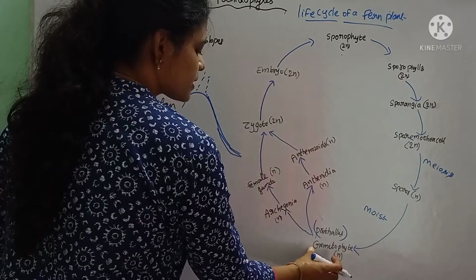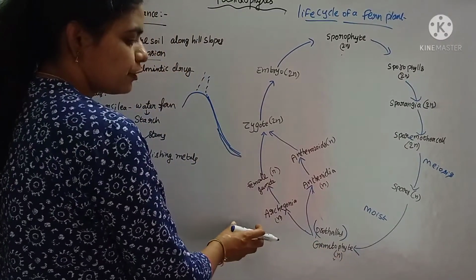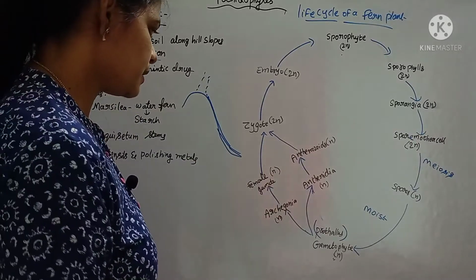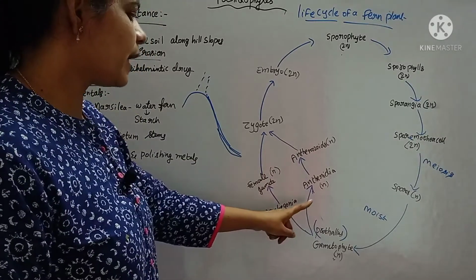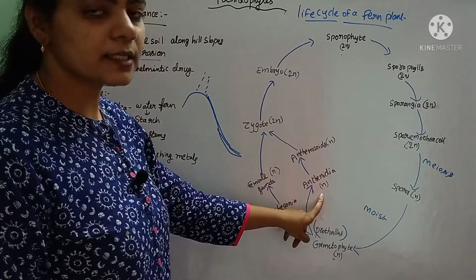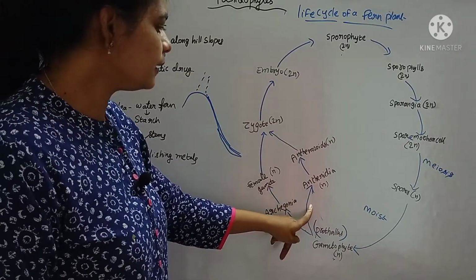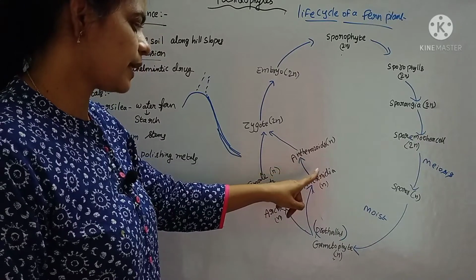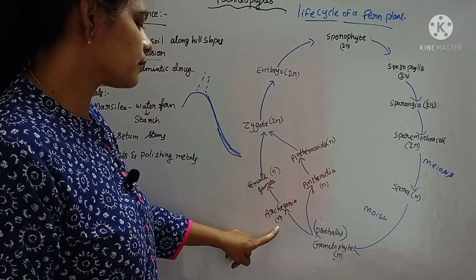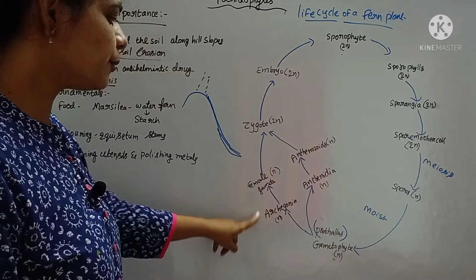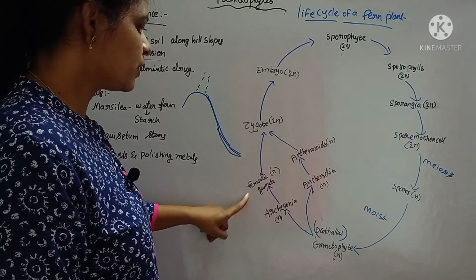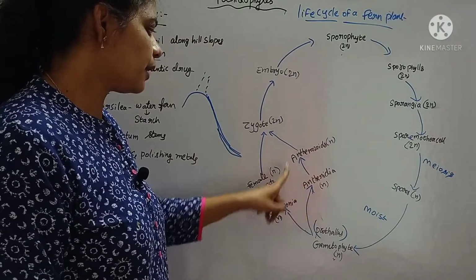This gametophytic stage bears male and female sex organs. Here the female one is the archegonia and the male one is the antheridia. The antheridia produce male gametes like antherozoids, and the archegonia produce the female gamete, which is nothing but the egg. Here these are haploid conditions.